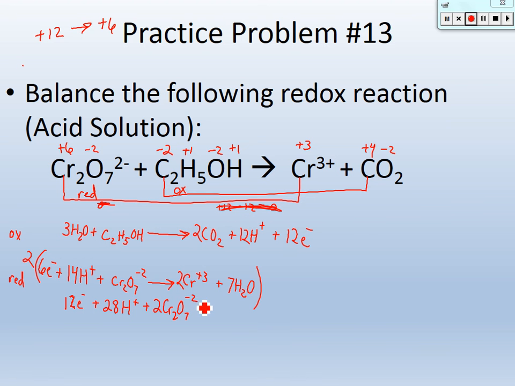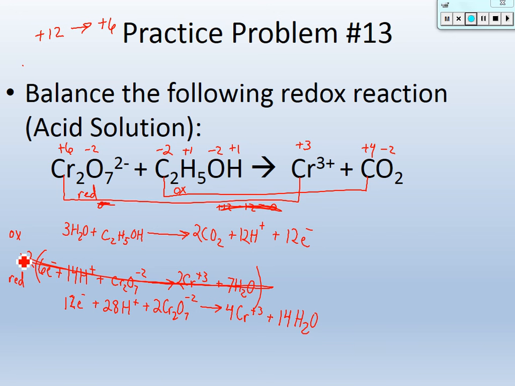Do I need the 2 minus still? The charge? Yes, bring it down. And then we're going to have 4 Cr plus 3s plus how many waters? 14 waters. Now what I like to do is just draw a line through this one so it doesn't confuse us.